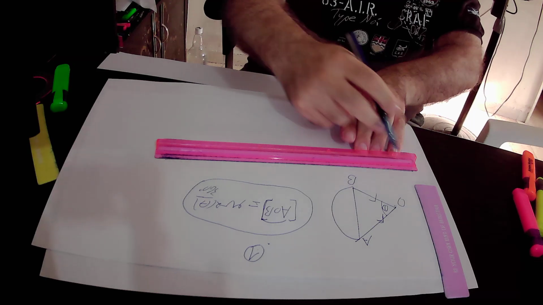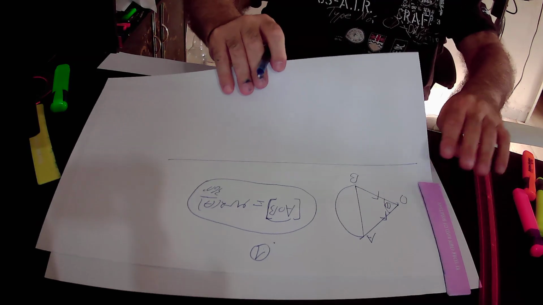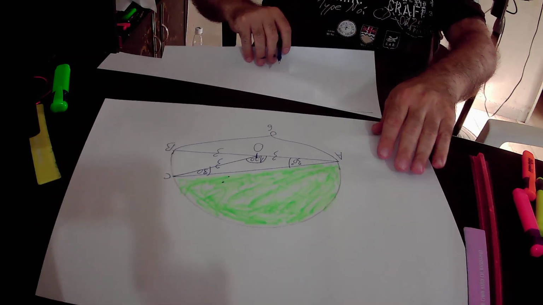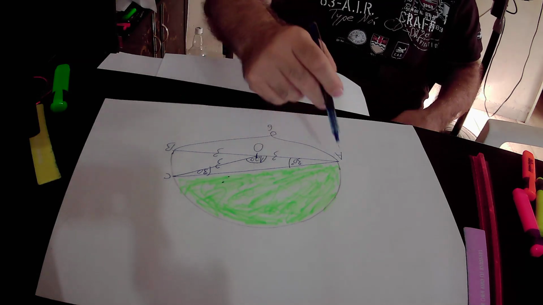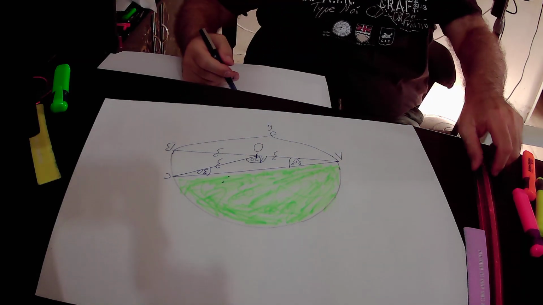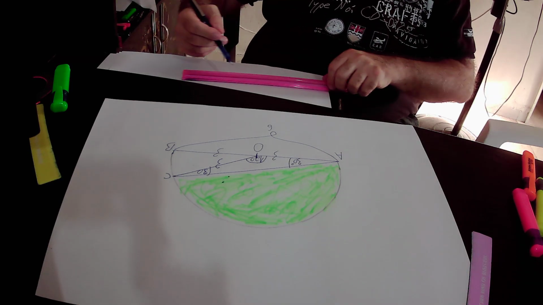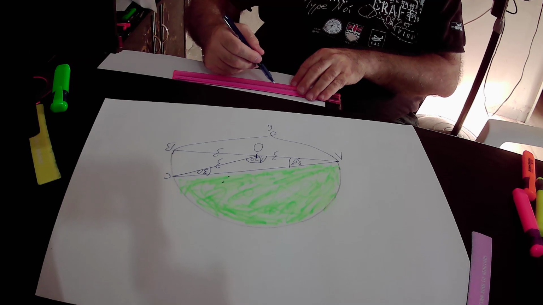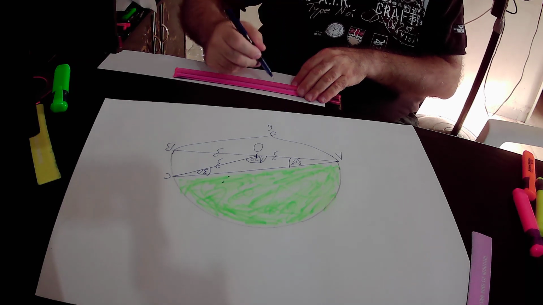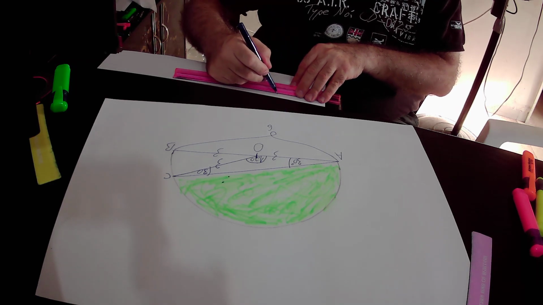We'll use the new formula in order to find out the area of this sector. So I'll copy sector AOC here, and we find out the area of this sector according to the new formula.